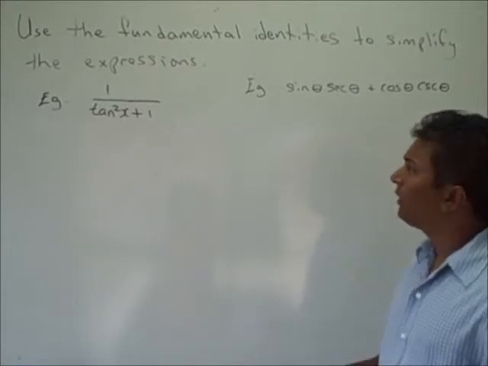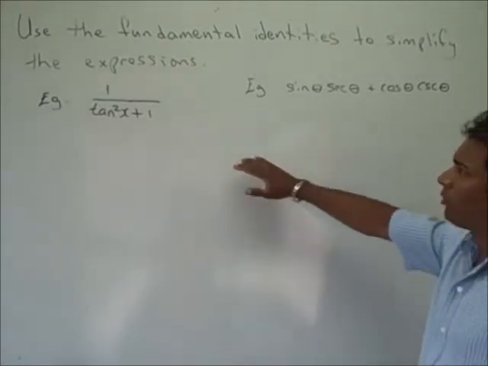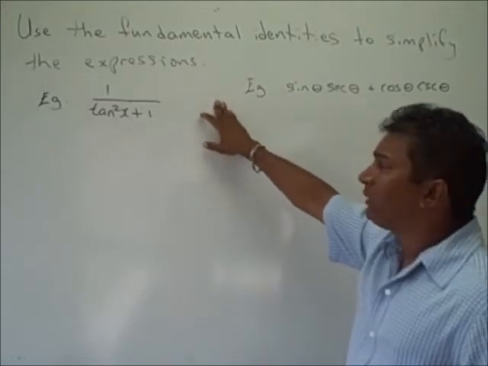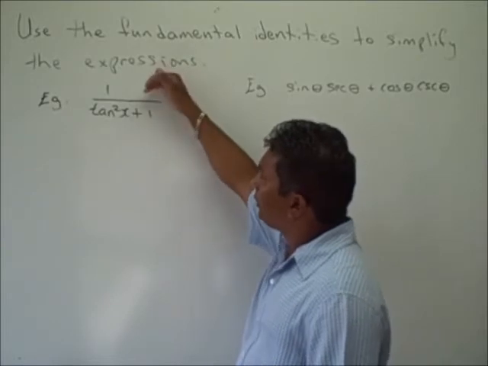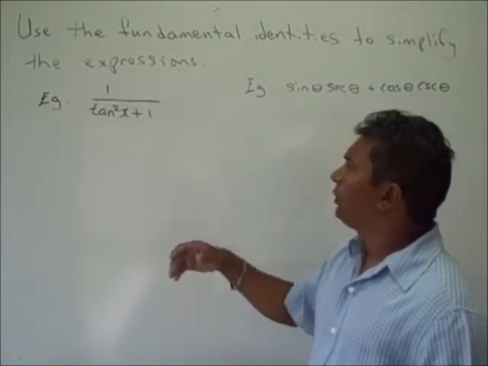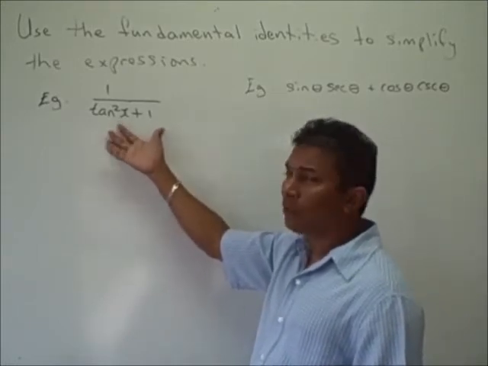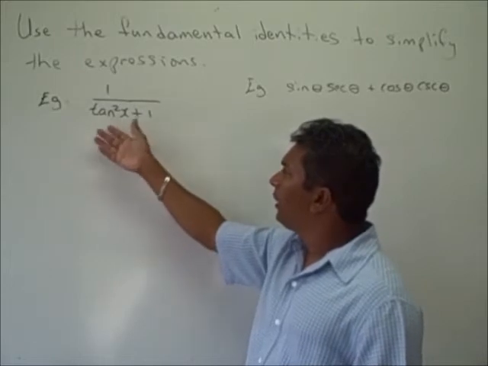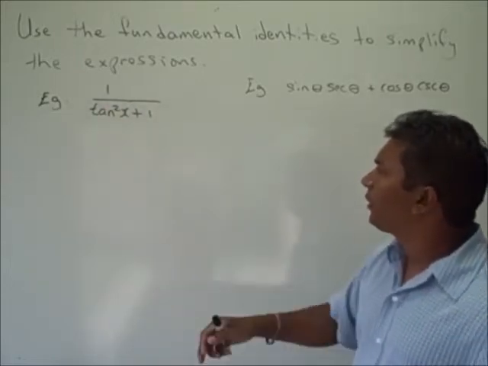Here we have two additional examples of simplifying trigonometric expressions using our fundamental identities. Our first additional example is 1 over tan squared x plus 1. We know tan squared x plus 1 is one of the Pythagorean identities, and all of this is equal to secant squared x.